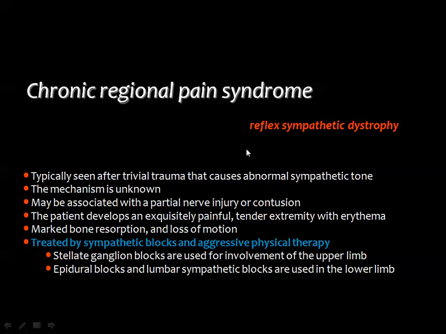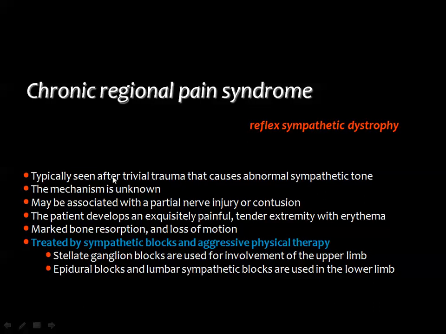And if you see this in a patient with minor or relatively mild trauma, then you diagnose this syndrome, which is known as complex regional pain syndrome, or reflex sympathetic dystrophy.